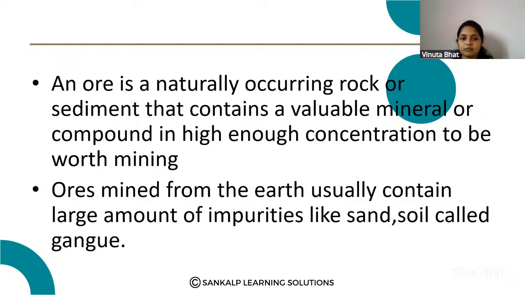Next question. Ores mined from the earth usually contain large amounts of impurities like sand and soil, which is called gangue. Okay, so that is the definition of ore and gangue.